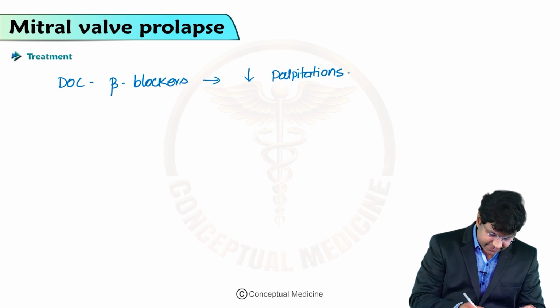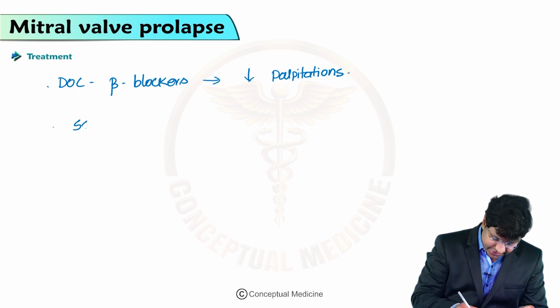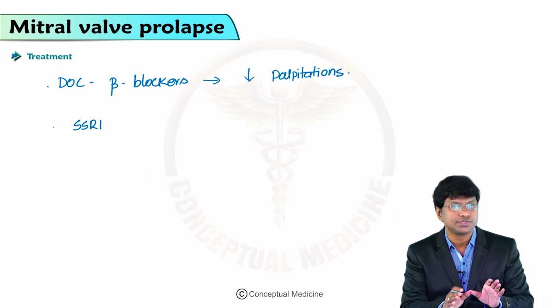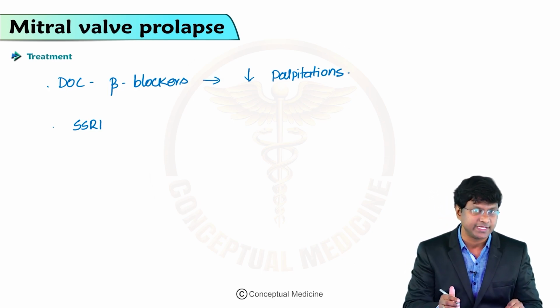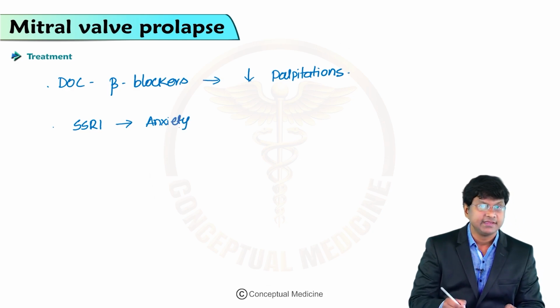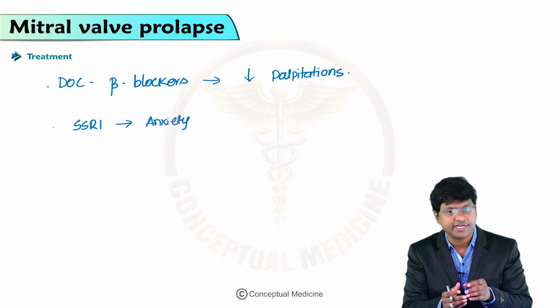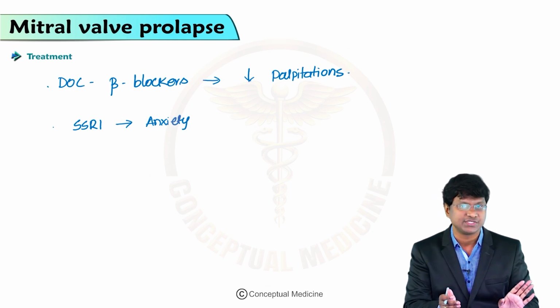Apart from that, the other group of drugs are SSRIs, that is selective serotonin reuptake inhibitors, which have also been used, especially if orthostatic hypotension or anxiety is associated with mitral valve prolapse. So these are given if there is anxiety, and some patients have associated postural orthostatic tachycardia syndrome as well.